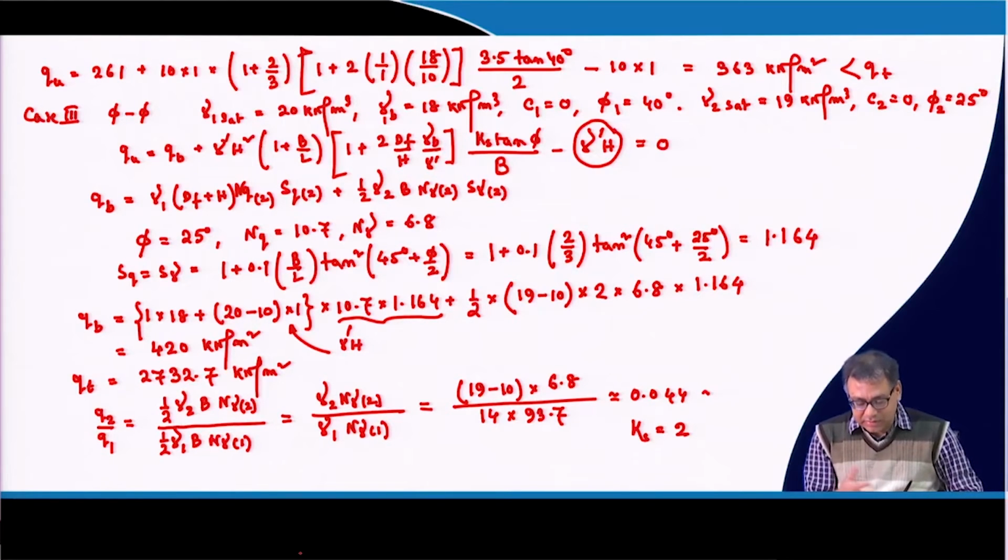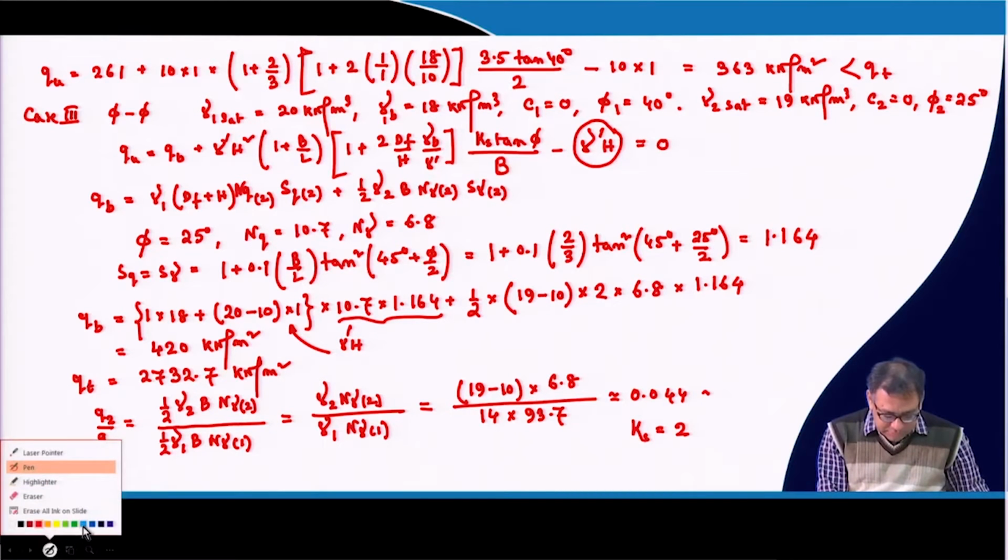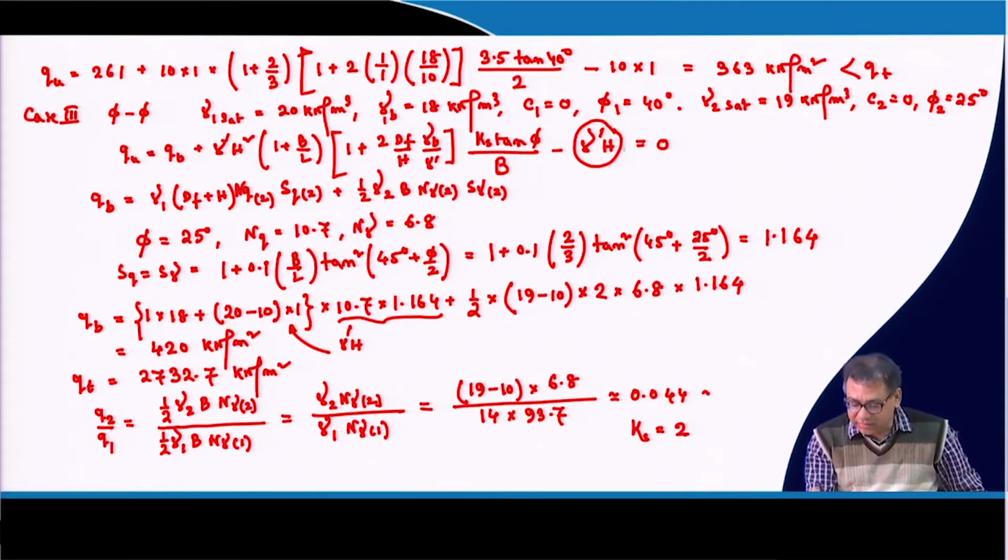This equation was initially developed for the case where the bottom layer is clay. So, my suggestion is that when you do this type of calculation, instead of using gamma dash H, you use gamma dash H into N gamma 2 into S gamma 2 during the subtraction.